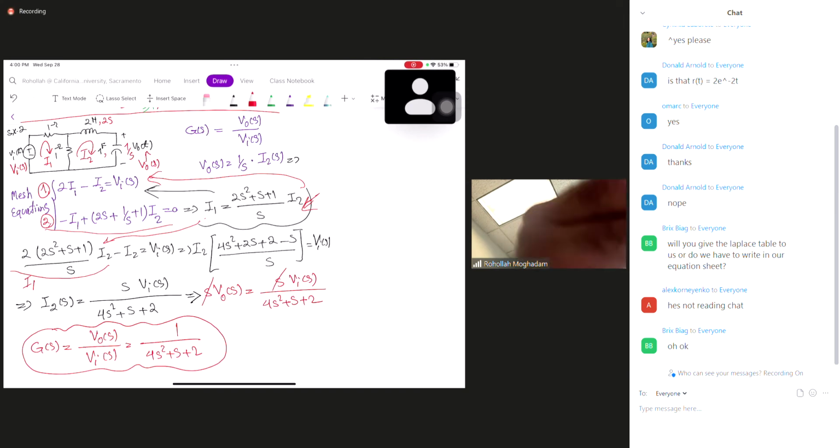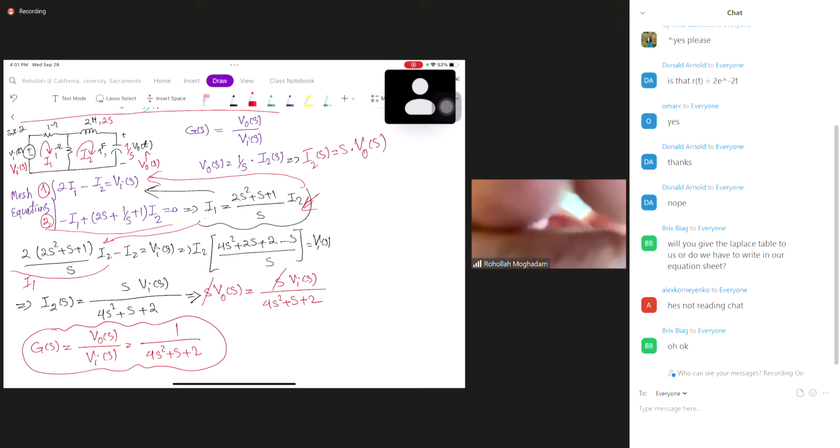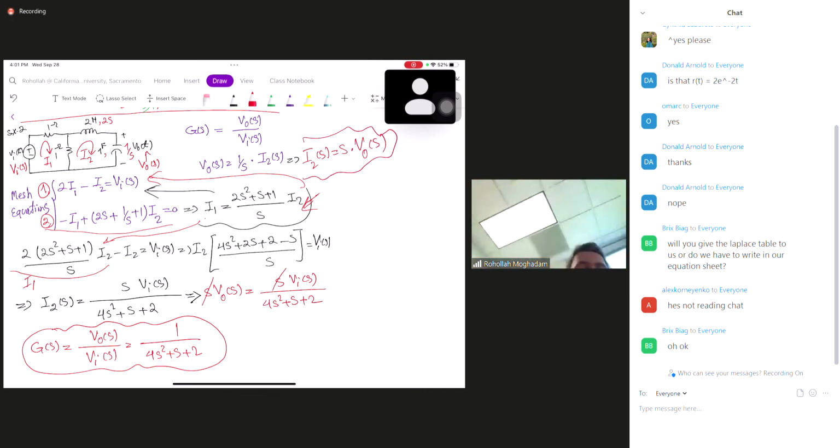So then from here, I2 of s is s times VO of s, correct? So I just replaced that with s times VO of s, took it out, cancelled out the s in the numerators, and then came up with the transfer function.